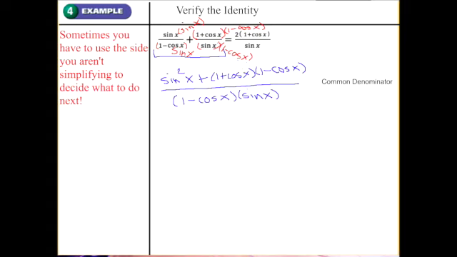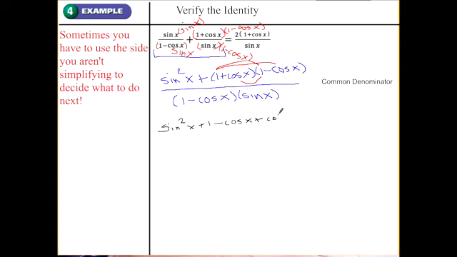So with the distributive property, I'll get 1 times 1, which is 1 squared, or just 1. I'll rewrite this bit. I've got 1 times negative cosine, which is negative cosine. I'll get cosine times positive 1, which is positive cosine.